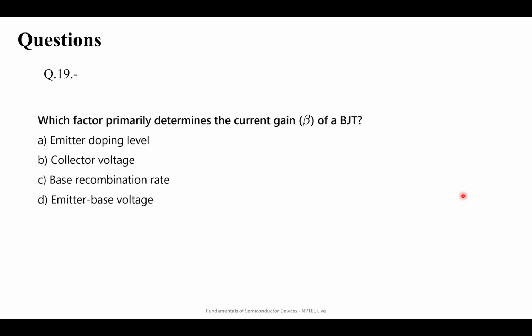Which factor primarily determines the current gain beta of a BJT? Emitter doping level, collector voltage, base recombination rate, emitter base voltage.